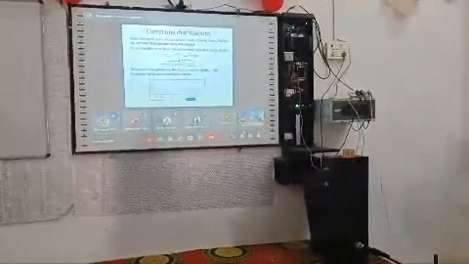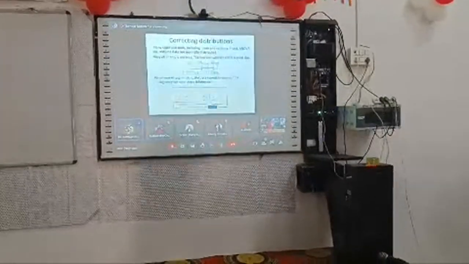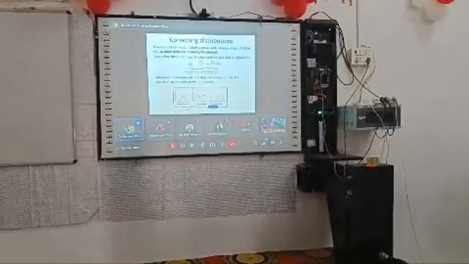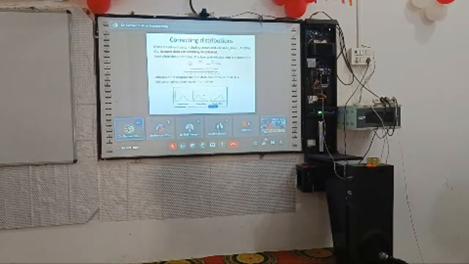So here we can see three forms: normal curve, positively skewed curve, and negatively skewed curve. And if our data set is normal in nature, right, then only are we going to use parametric tests.